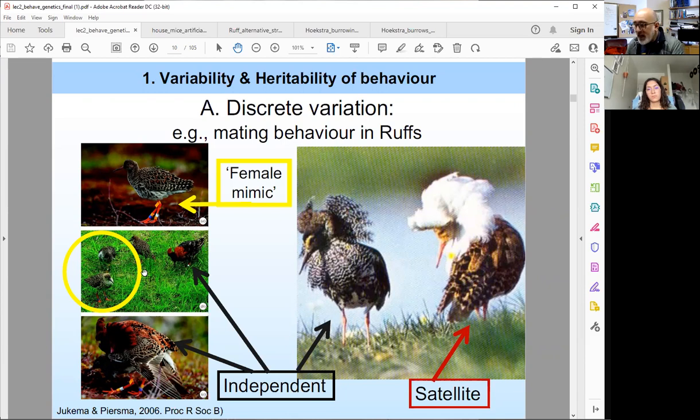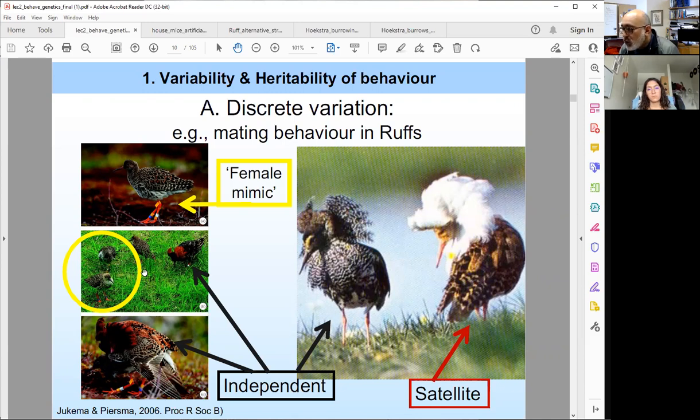It's a lek, L-E-K. And they are basically displaying for females. Females come along and they choose a male to mate with based on their performance on the lek.